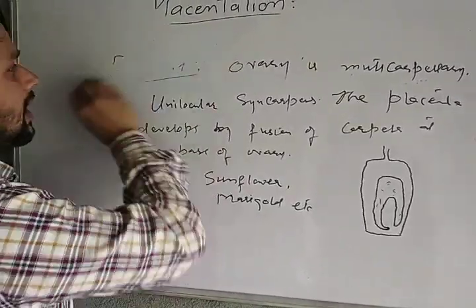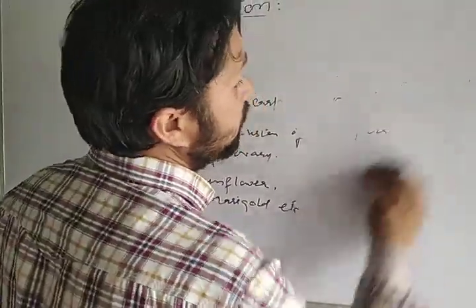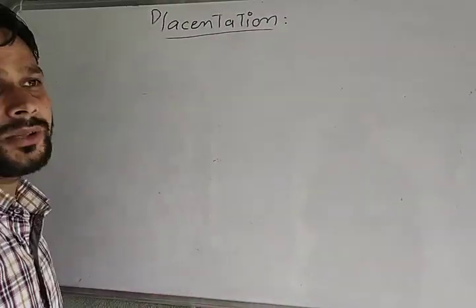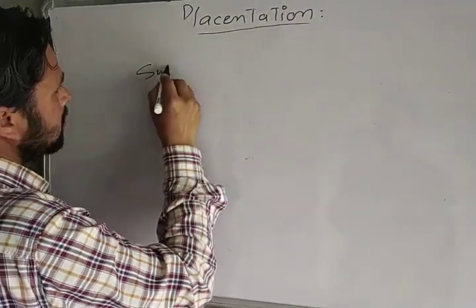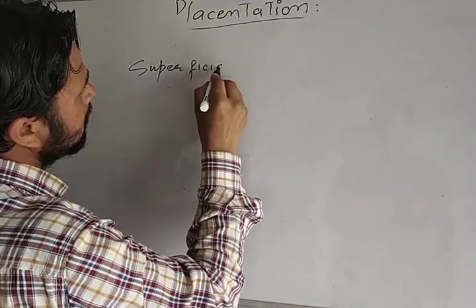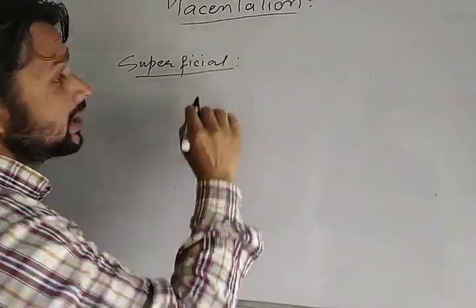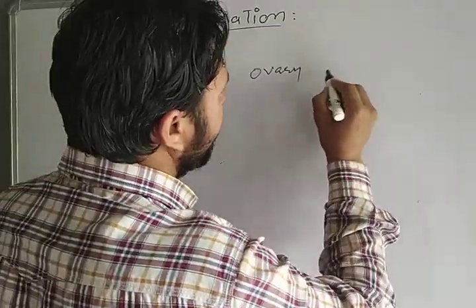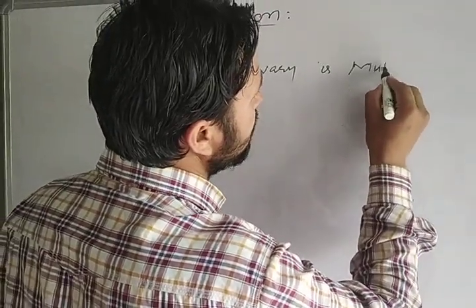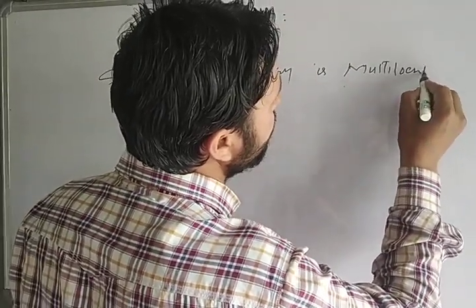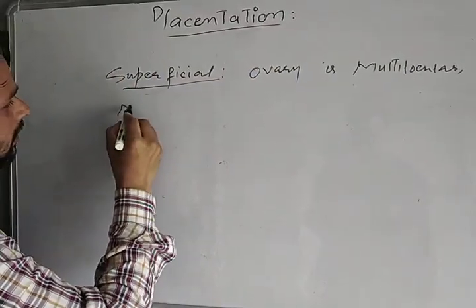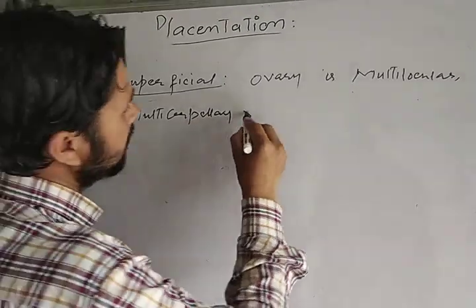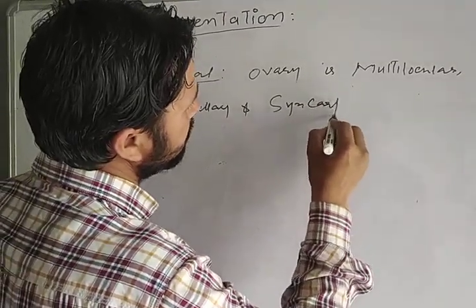And I am going to explain the superficial type of placentation. What is the superficial type of placentation? In this superficial condition, the ovary is multilocular, multicarpellary, and syncarpous.